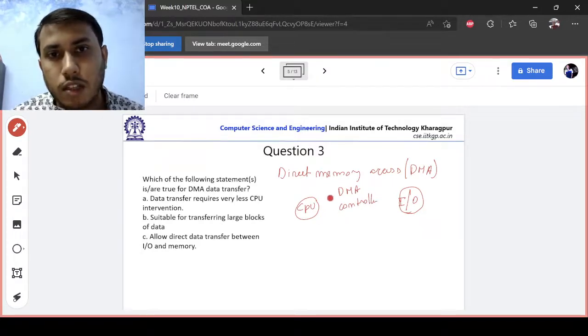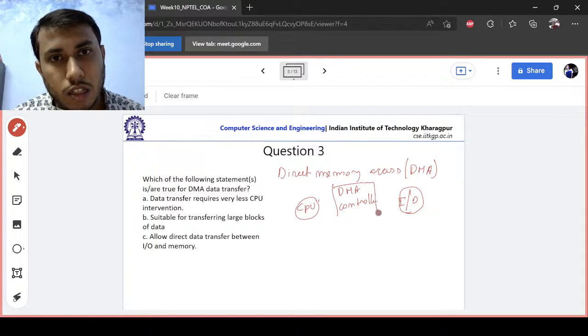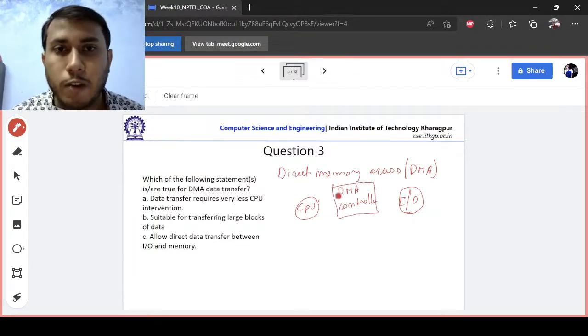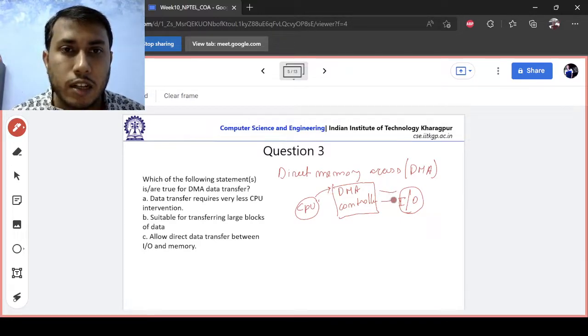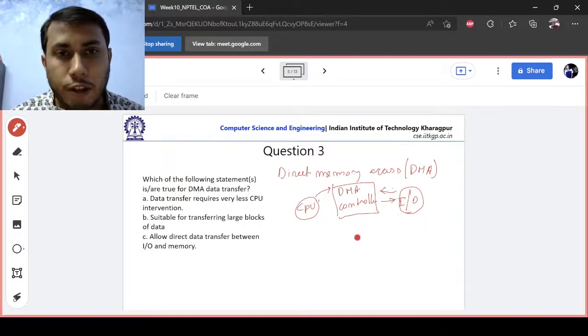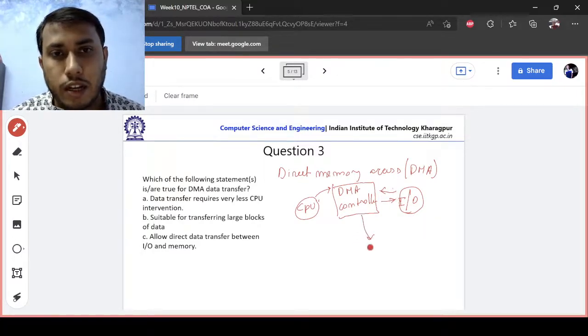In direct memory access, the CPU gives the responsibility of the data transfer operation to this DMA controller, and the DMA controller in turn transfers the data across the I/O channel and stores the data in memory, which used to be done previously by the CPU.